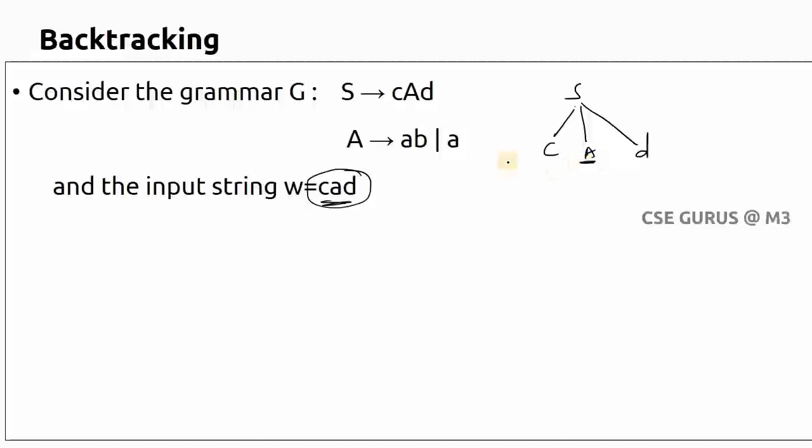What is a non-terminal? Yes, there are two options we have. Which option to be selected? In backtracking you first select the first option, to see whether you may reach the correct answer or not. So you first substitute like this. So C is over and then A, then B.